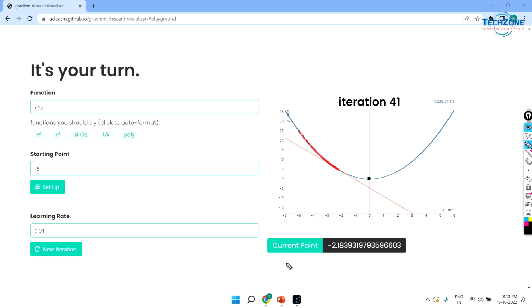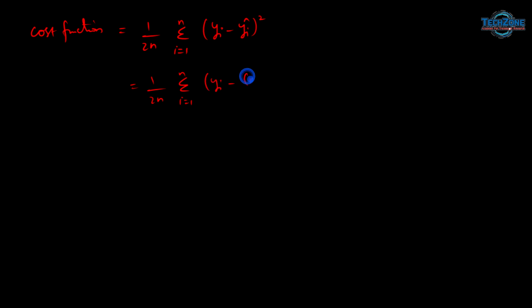Where the error is, I wanted to show you this. What was our cost function? Our cost function was 1 by 2n sigma i is equal to 1 to n, (yi minus y predicted) whole square, or 1 by 2n sigma i is equal to 1 to n (yi minus (mxi plus c)) whole square, right?